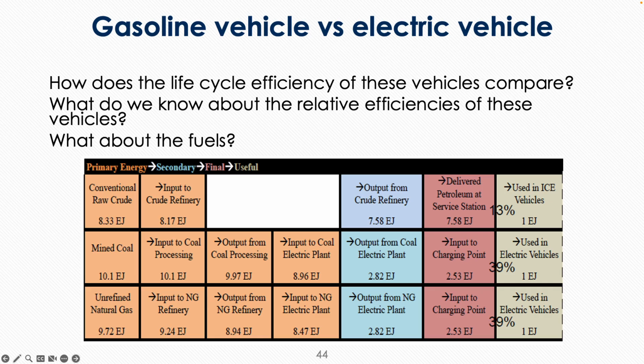So one last example, you could look at something like a gas car versus an electric car. I often hear that electric cars are way more efficient than gas cars, which is a true statement, and even holistically it is true.